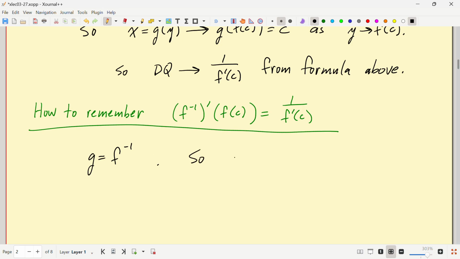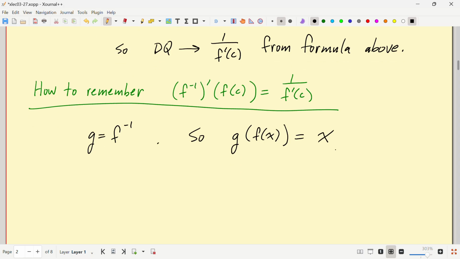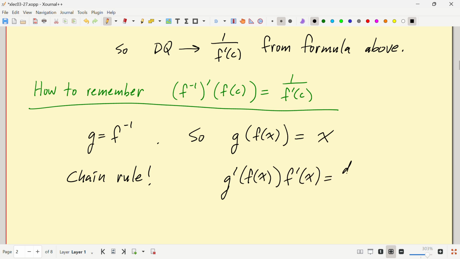So that means that g of f of x is equal to x. And the way to remember this formula is just to write that down and do the chain rule. g prime of f of x times f prime of x equals d by dx of x, which is a big fat 1.